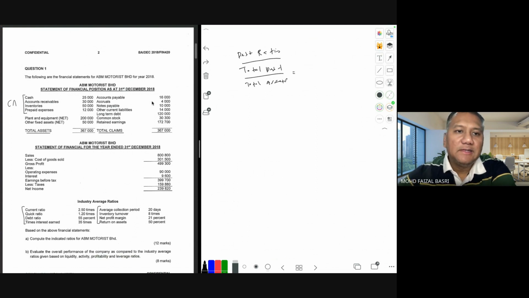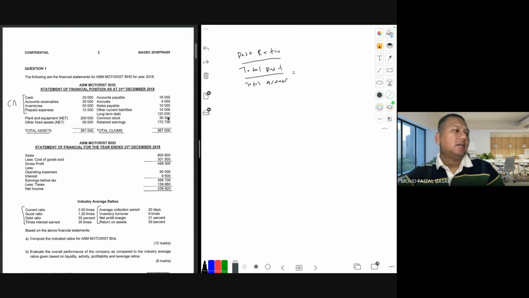Okay, so the total debt, you have to add all the current liabilities. Just now the current liabilities we calculated was 44,000, but in order to get the total debt, you have to add the 44,000 with the 120,000, which is the long-term debt. Current plus long-term.